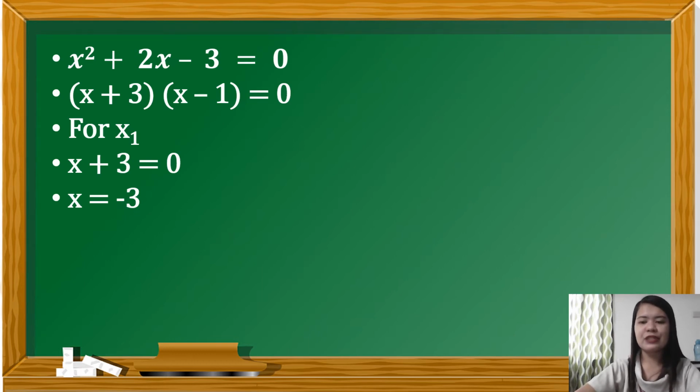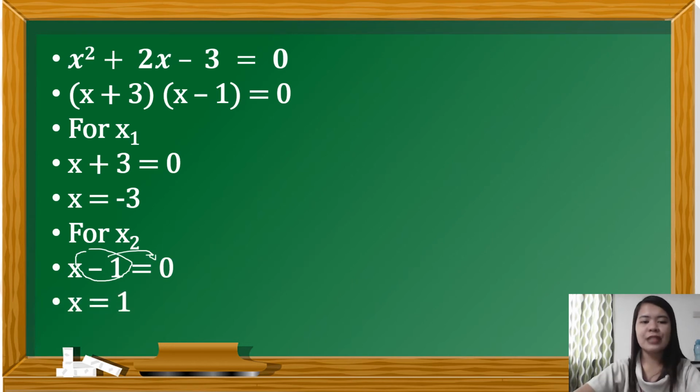That is our first value. For the second value of x, we will use x minus 1 is equal to 0. And then, negative 1 will be transferred to the other side of the equation, making it positive 1. So the second value of our x is equal to 1 or x sub 2 is equal to 1.